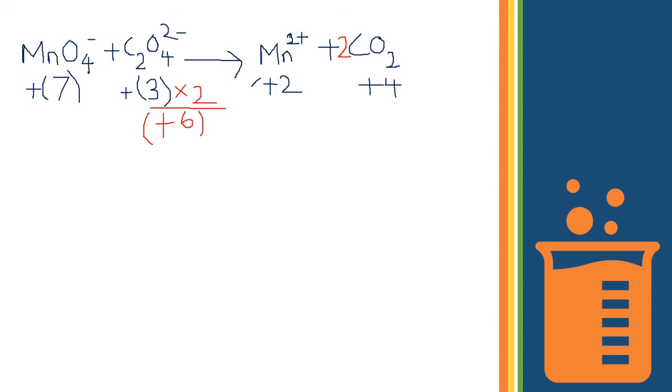We do the same to carbon dioxide too. Here the oxidation number of one element is +4, and since there are two atoms, we have to multiply this number by 2, and therefore it gets transformed to +8. And there you go, our first step is done.